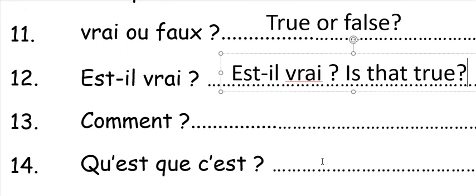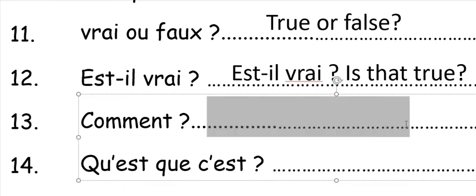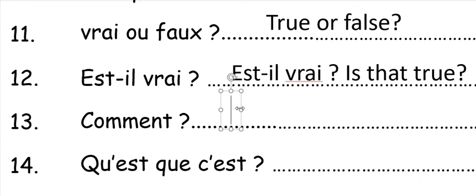Comment? Now, les élèves, when we say comment, it stands for how. When we say comment tu t'appelles, it's another way. I'm going to explain to you about this, but you must know comment stand for how. Comment est-ce que tu es arrivé ici?